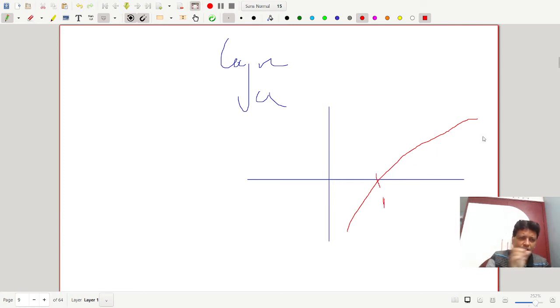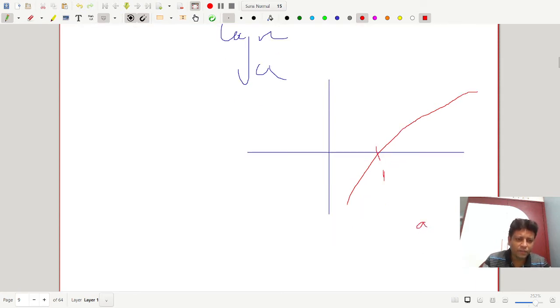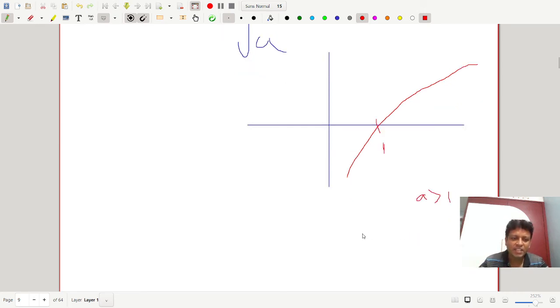That means if the base is greater than 1, base is always positive. So base can be 2, 3, e, 10, whatever. 10 base for algebra, e base for calculus. If nothing is mentioned in the problem, you have to assume that the base is e. e is Euler's number, between 2 and 3.